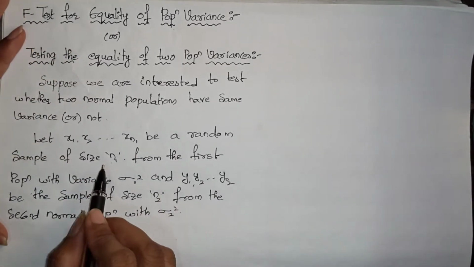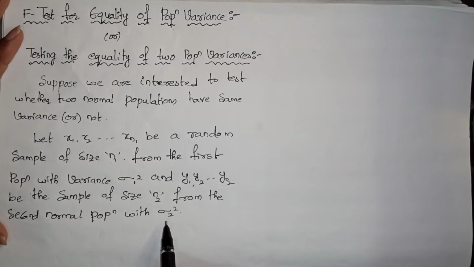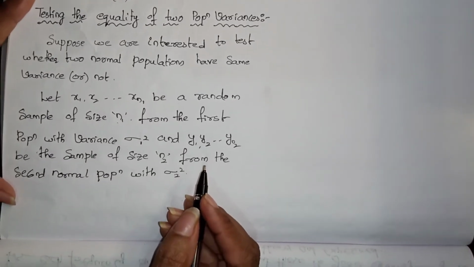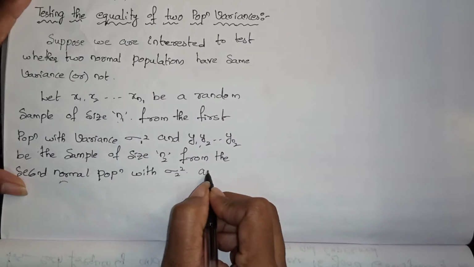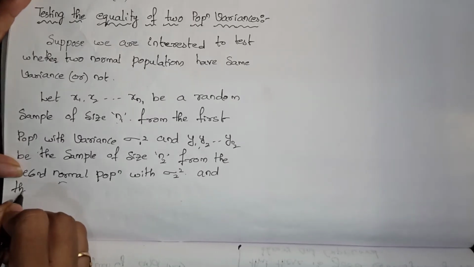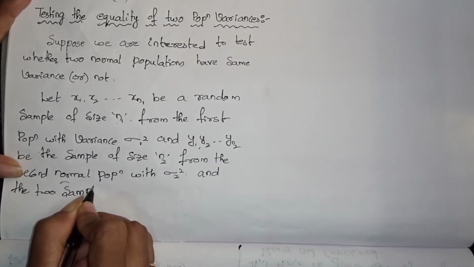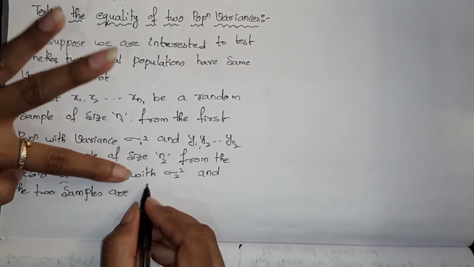We are taking from another population some samples, and that population has variance sigma 2 square. The two samples are independent, not at all dependent, because we are taking them from different populations.